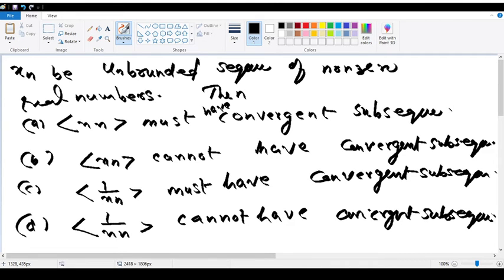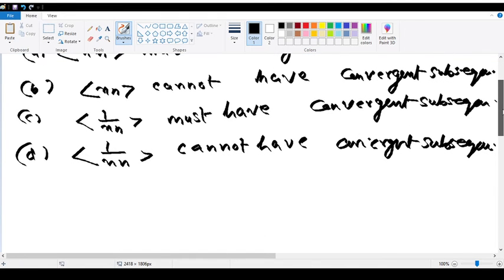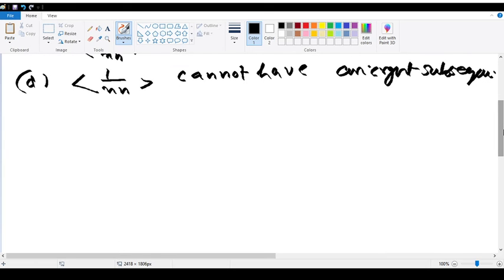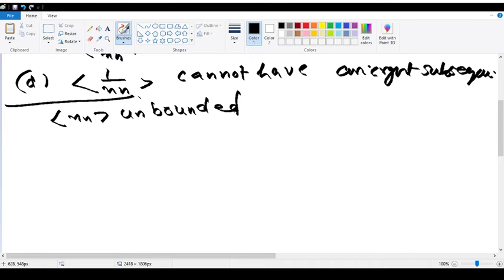Second and third option, ma'am. Second option is false. Third option is right. So given that xn is unbounded, so we know that xn is not convergent.